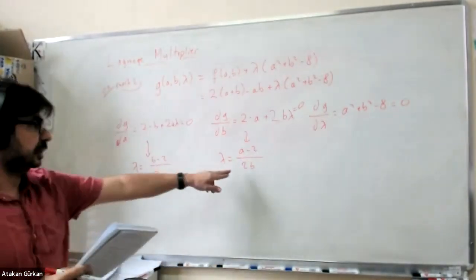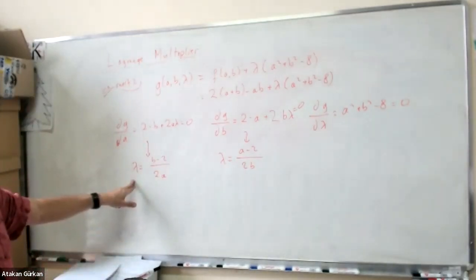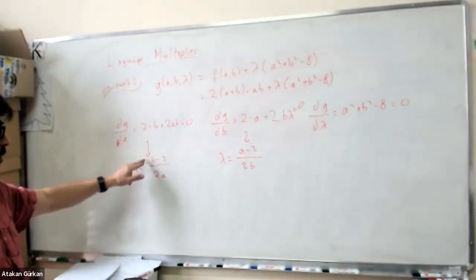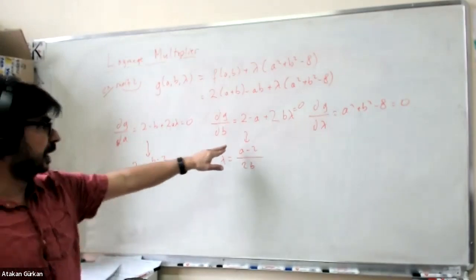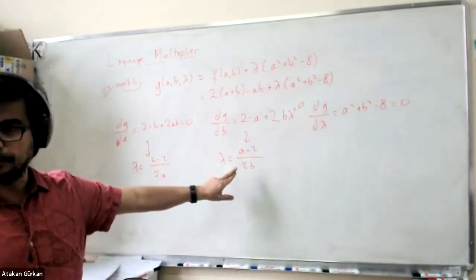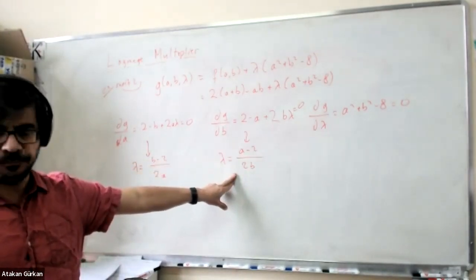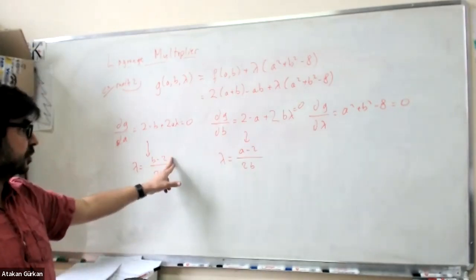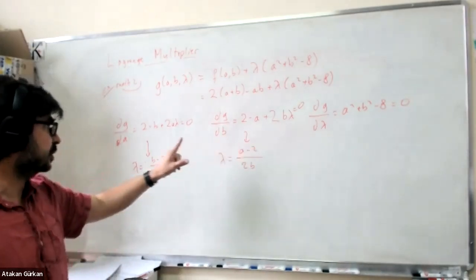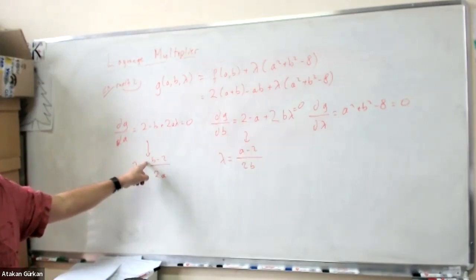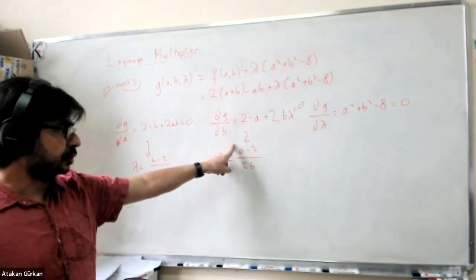And these are equal to each other. So I can set these equal to each other: (b minus 2) over 2a is equal to (a minus 2) over 2b. The 2's in the denominators cancel out. You move this b to the numerator of this one, a to the numerator of this one. This becomes b squared minus 2b. This one becomes a squared minus 2a.